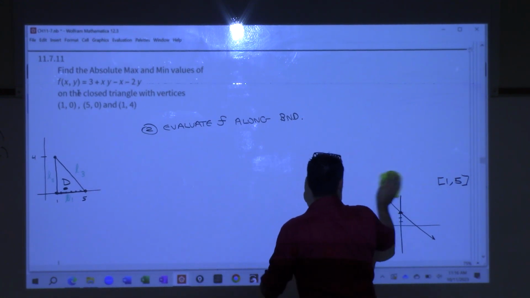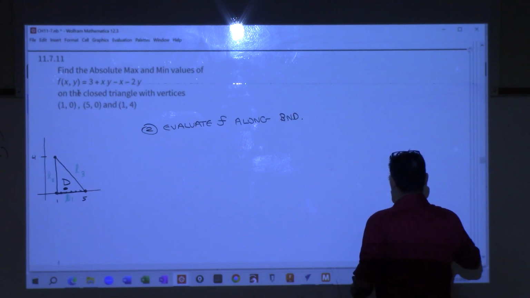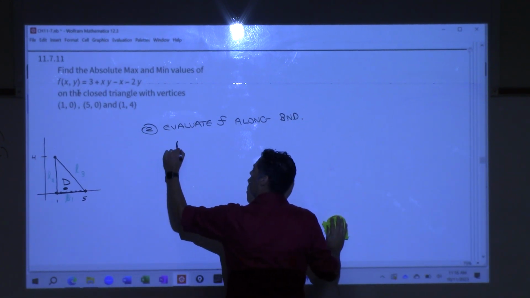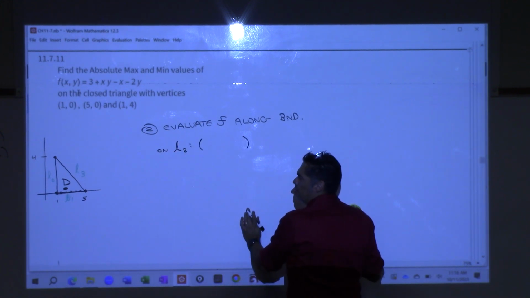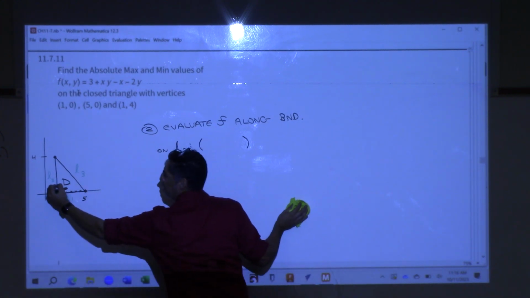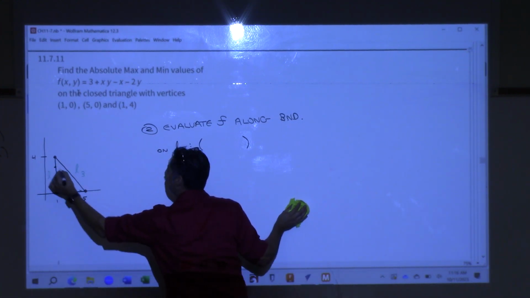All right, you ready to go along L2? Okay, L2. On L2, all your points look like the x coordinate has to be 1, right? Because you're right here. So every x coordinate here is 1.